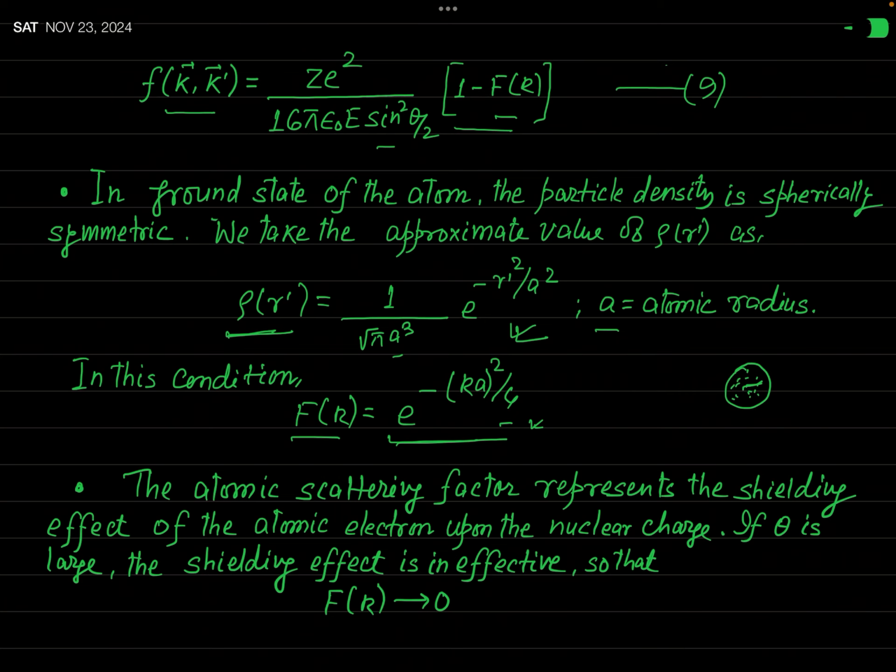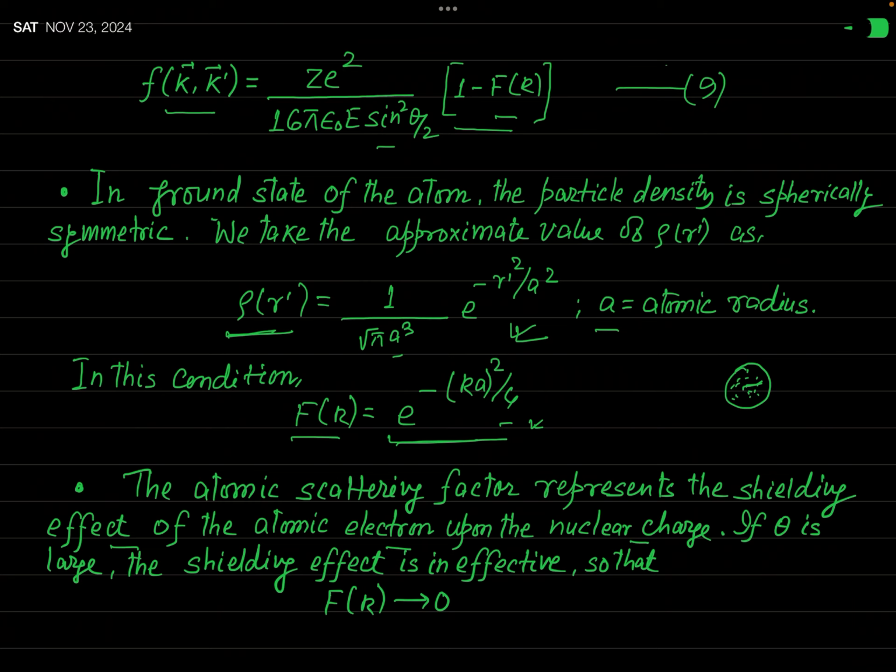In fact, this atomic scattering factor represents the shielding effect of the atomic electrons upon the nuclear charge. It means the electrons distributed around the nucleus act like a screen. It reduces the effect of the nuclear charge.